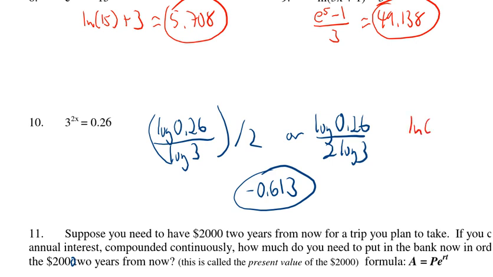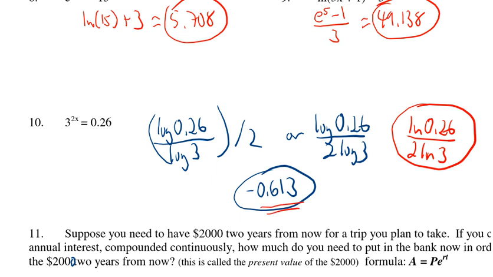Okay, thank you. Here's something else too. If you had looked at this as 9 to the x equals 0.26, you could have done the log of 0.26 divided by the log of 9, or ln of 0.26 divided by ln of 9. That would have made your work go a little bit quicker. Okay.